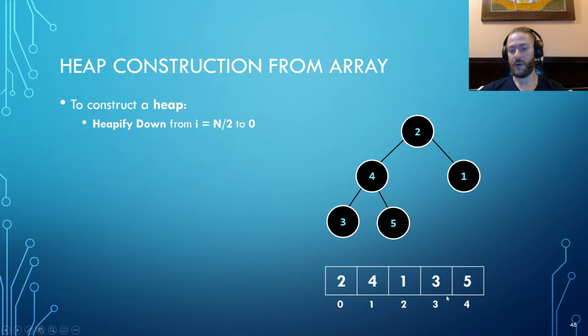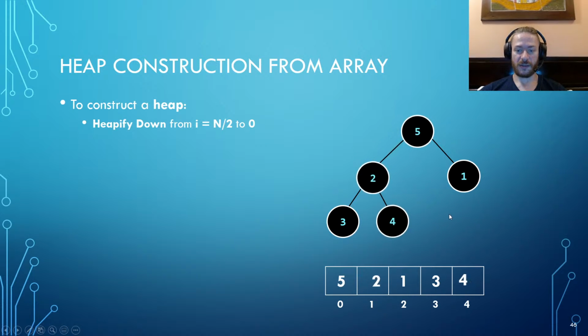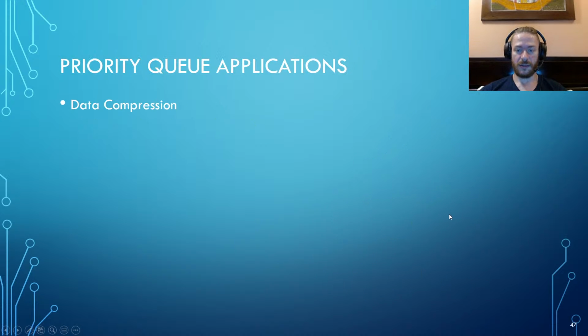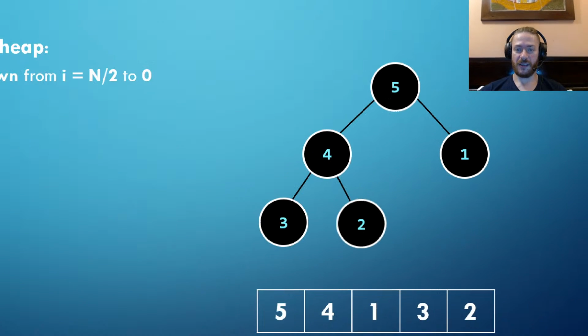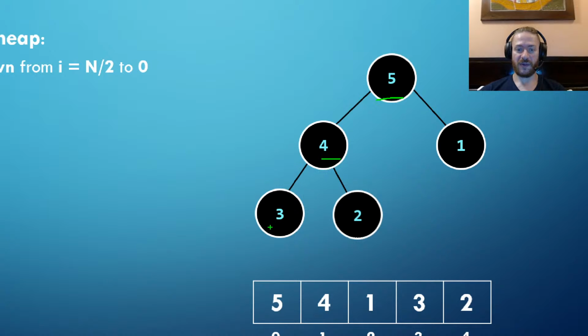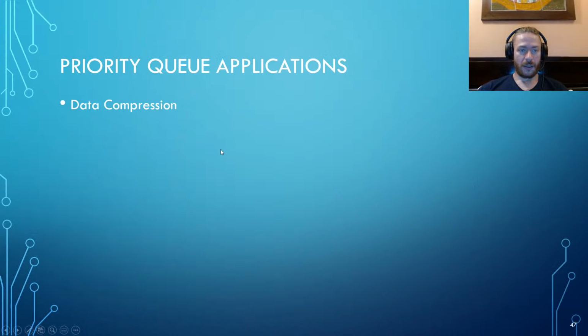This way we will get a heap constructed from an array of values. Here it is. Done. Then the second one, and it will be in a perfectly shaped condition.